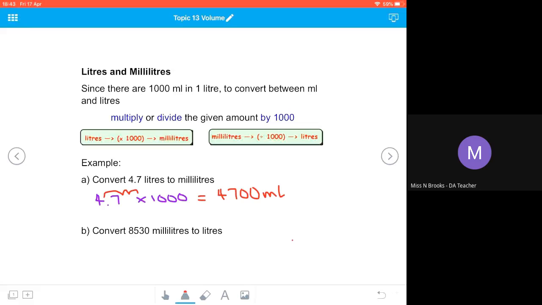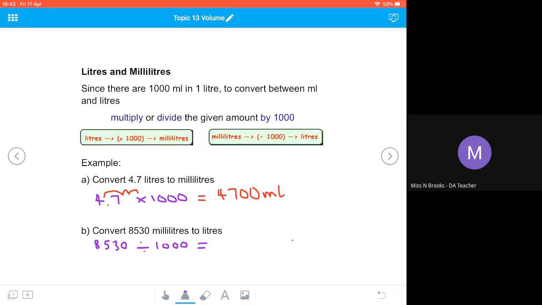Now, if we want to convert 8,530 millilitres to litres, then we're going the opposite way. We're going to be dividing by 1,000. So we're going to start off with our 8,530 and we're going to divide by 1,000. So this time our decimal jumps, still doing 3 of them, but we're going the opposite direction.